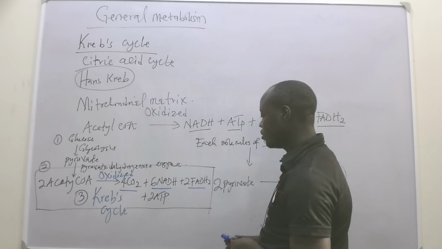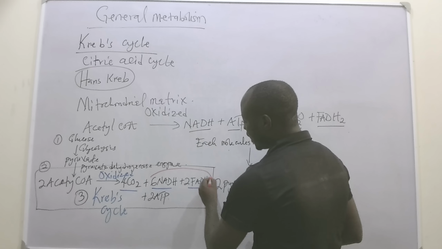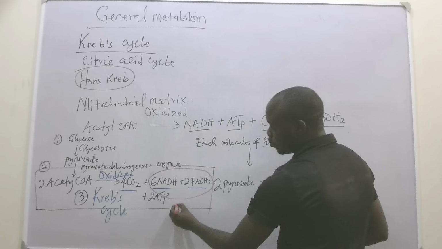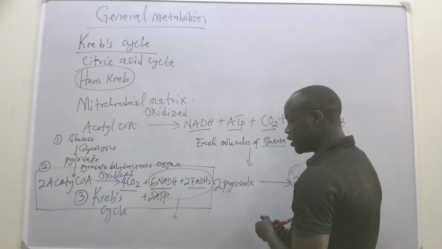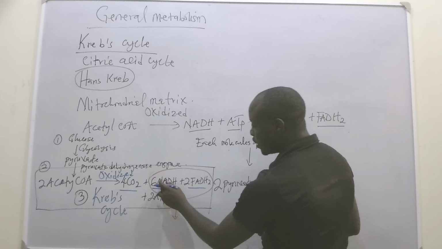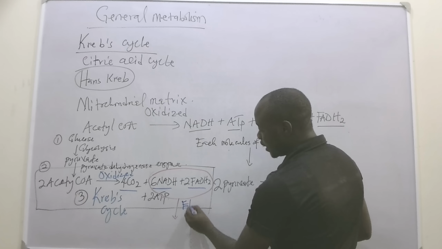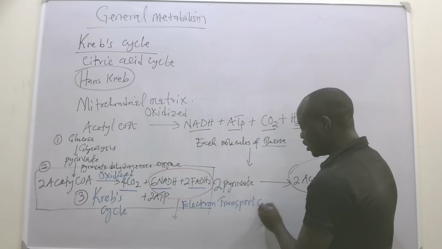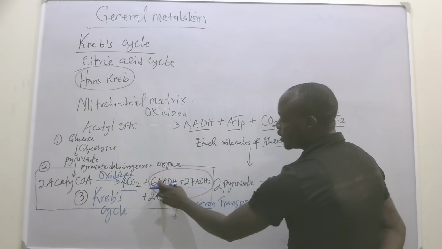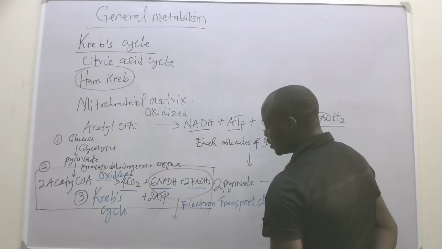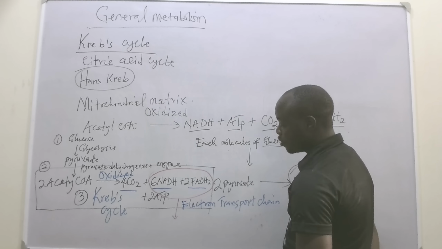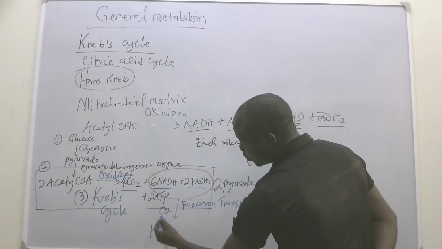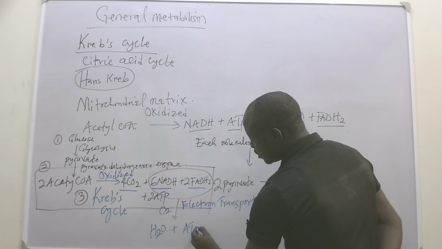And then the fourth stage of cellular respiration is when the FADH and NADH undergo what we call electron transport chain, where 6 molecules of NADH and 2 molecules of FADH will undergo reduction of oxygen to generate water molecules plus ATP.